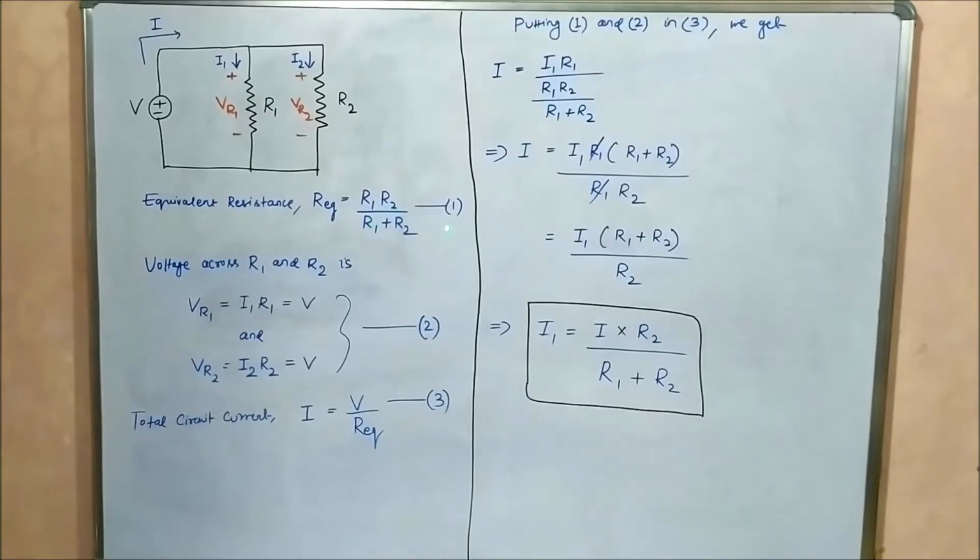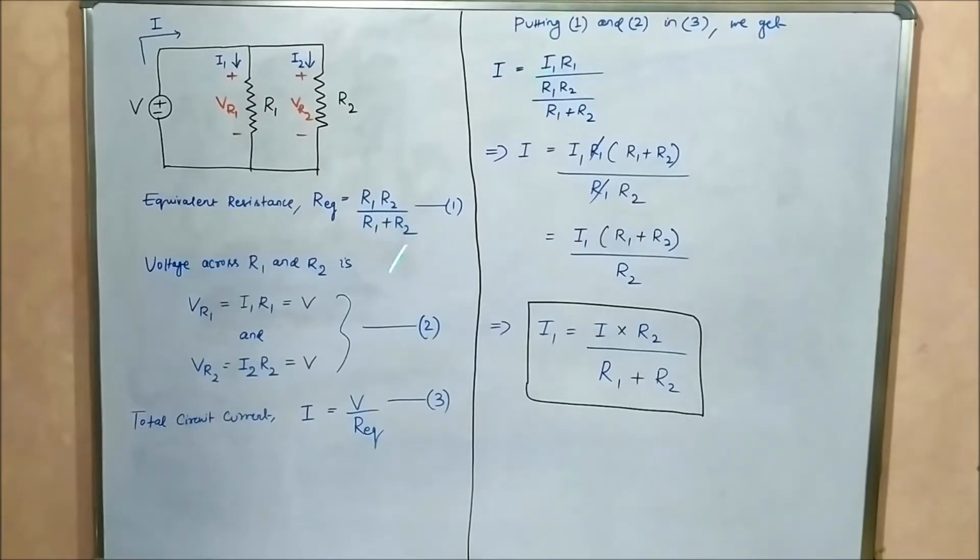Now, if we put equation 1 and equation 2 in this equation 3, it means we substitute V as I1 R1, and we substitute R equivalent with the expression R1 R2 by R1 plus R2.